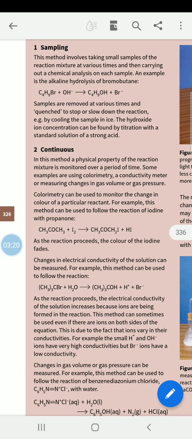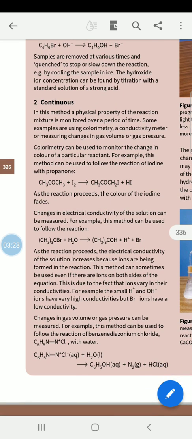Then another method is conductivity. Some chemical reactions produce ions. In this particular reaction, CH3CBr plus H2O dissociates, producing H+ and Br-. The presence of these ions results in it becoming a better conductor with time.